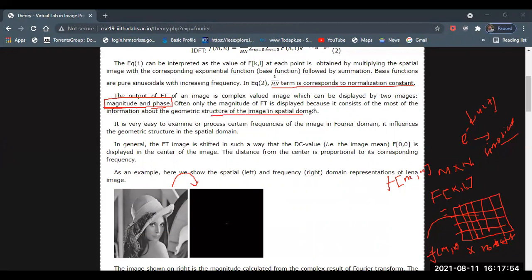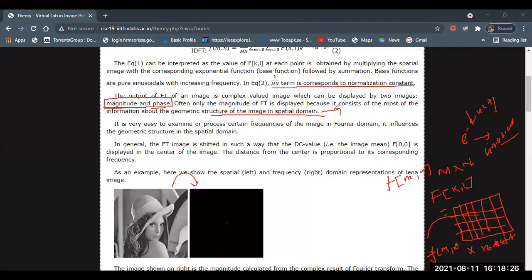So what happens in most of the cases? In most cases you will find only one image, and that represents the magnitude of the FT, because the magnitude is the main part of the FFT, which consists of most of the information about the geometrical structure of an image in the spatial domain.